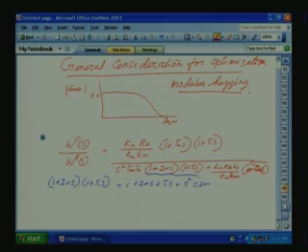This also we can write as 1 plus s into (2 sigma plus T1) plus s square T1 2 sigma.